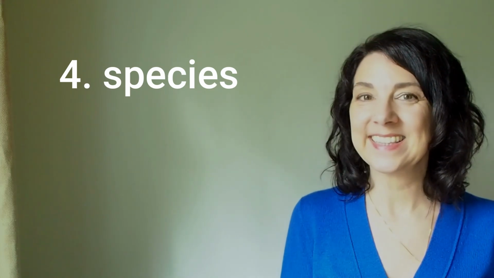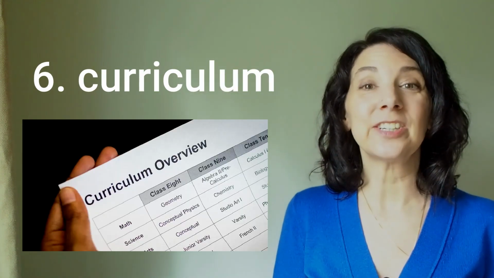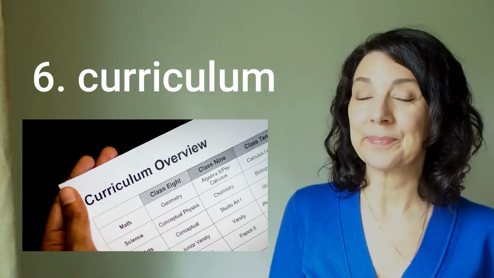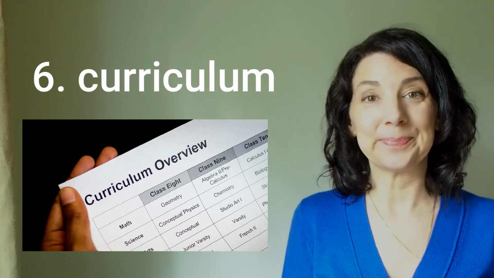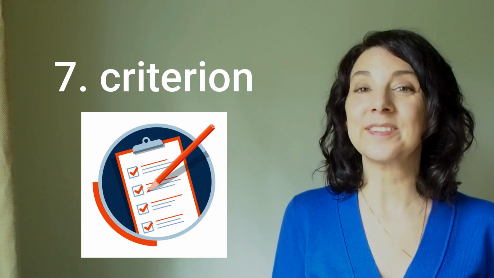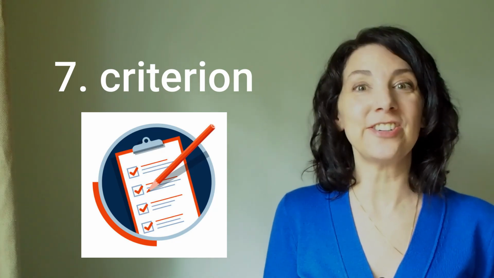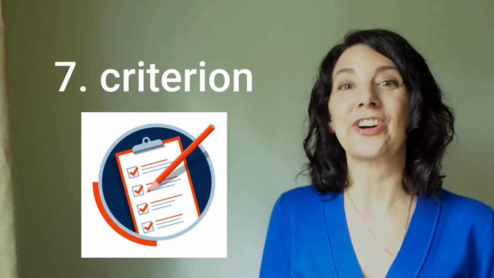Species. Number 5, deer. Deer. Number 6, curriculum. Curriculum. And number 7, criterion. Criterion.